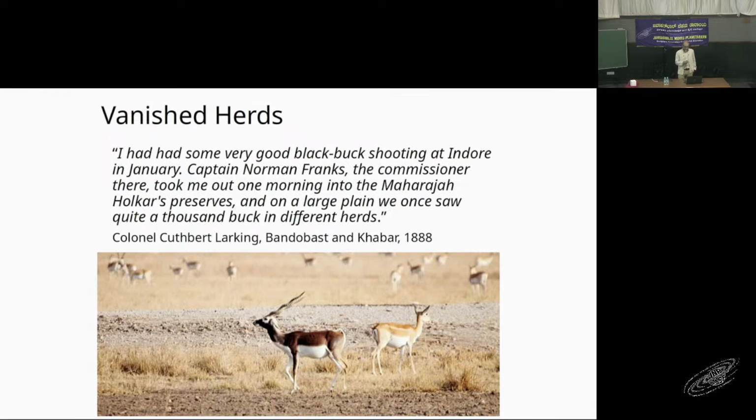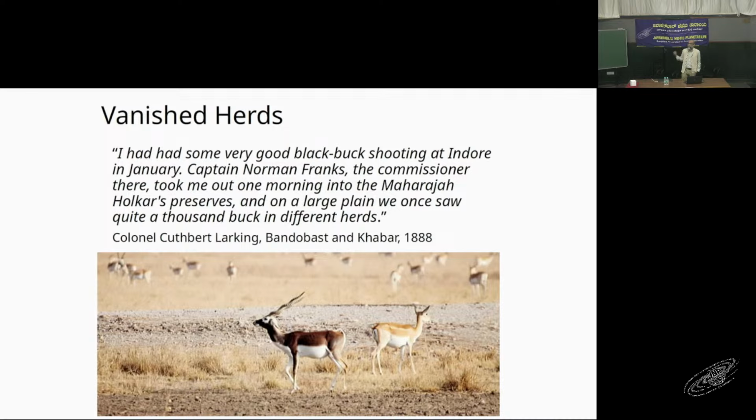This is something that a British officer, Colonel Cuthbert Larkin, wrote in a book published in 1888 called Bandobast and Khabar. He said, I had some very good blackbuck shooting at Indore in January. Captain Norman Franks, the commissioner there, took me out one morning into the Maharaja Holkar's preserve. And on a large plain, we once saw quite a few thousand buck in different herds.